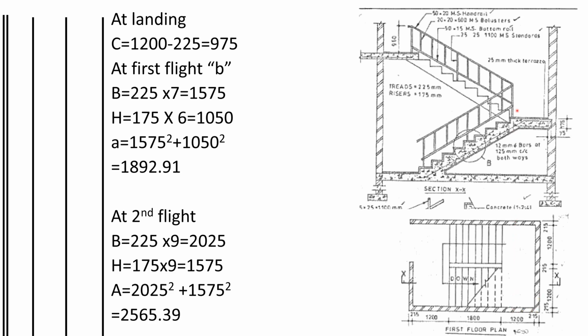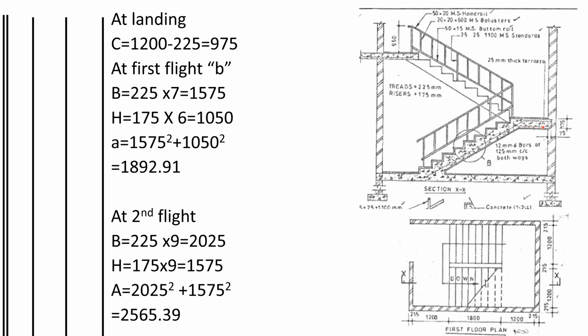If you see here, the landing from the top is this length, which is 1200. But the landing from below, it is from here to here. So it means that if you draw a vertical line over here, then you deduct this length of one tread. You know, this is the length of one tread. You remain with this length of this landing. It's a width.